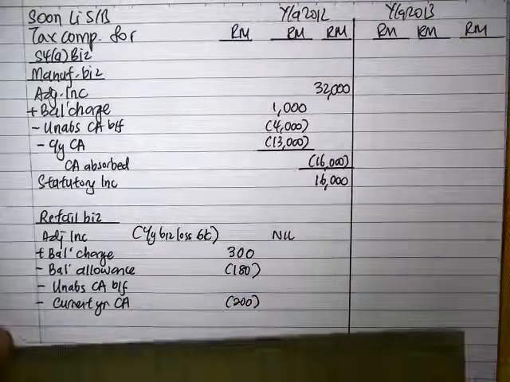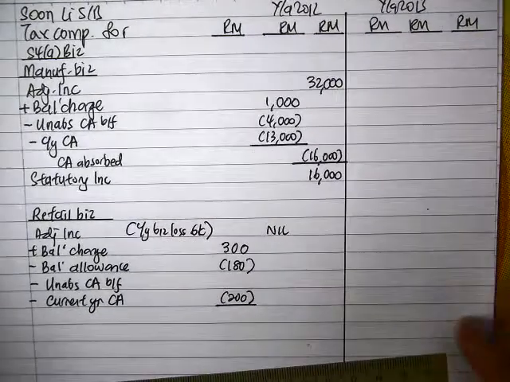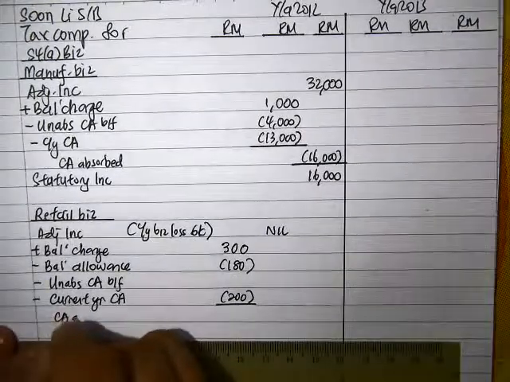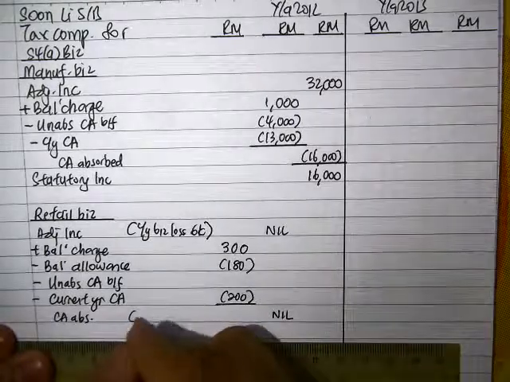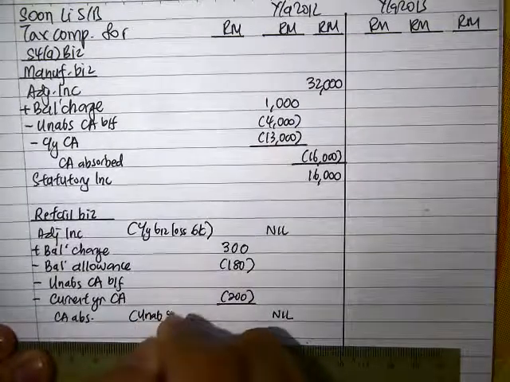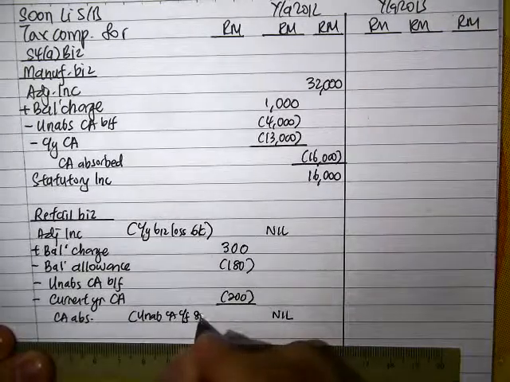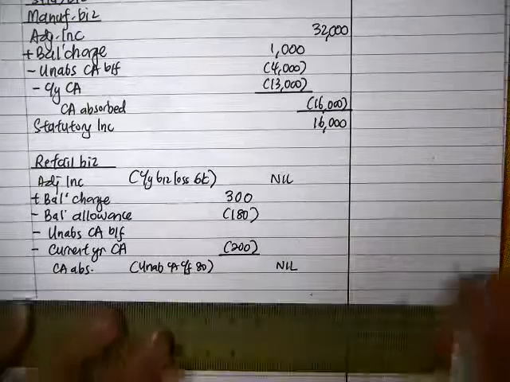Right, so we can't absorb the full amount of the CA because you do not have enough adjusted income. So the CA absorbed in this case is nil. So you have your unabsorbed CA carry forward 380, so 80 ringgit carry forward next year. Okay.